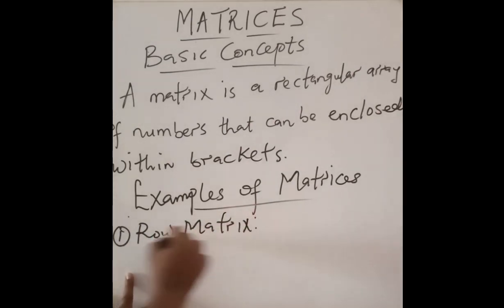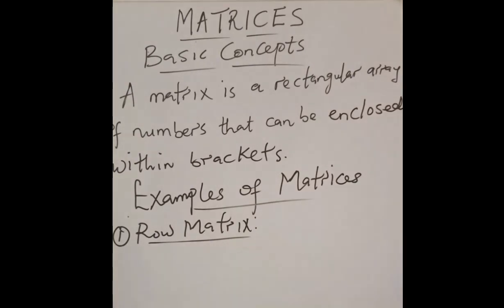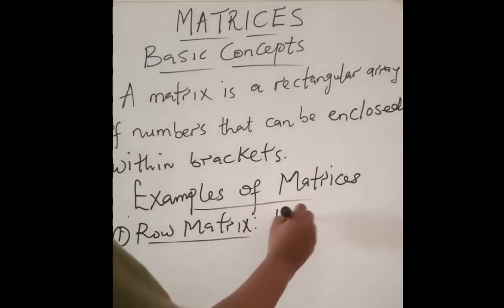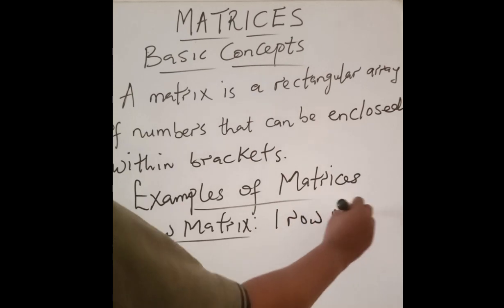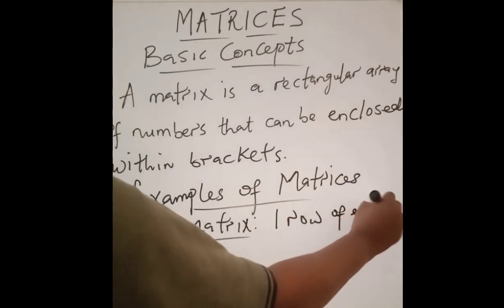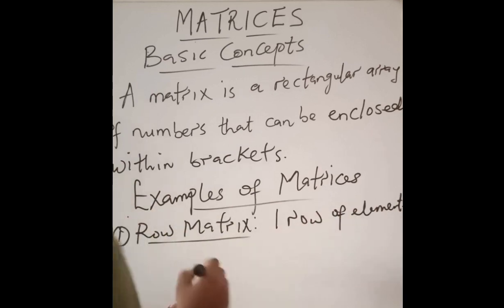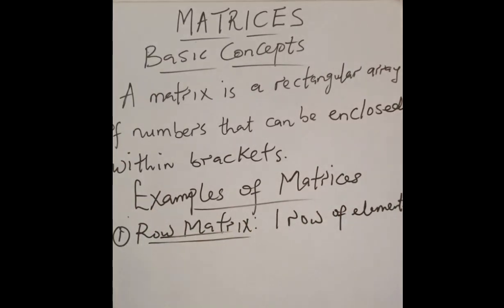When we talk about a row matrix, a matrix with only one row of elements is called a row matrix. Please note that a row matrix can also be more than one row of elements.